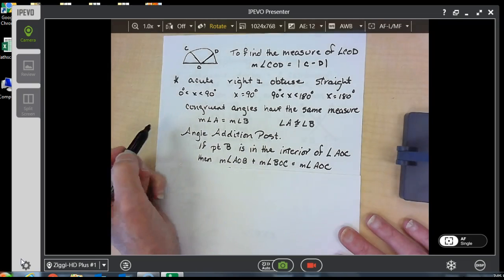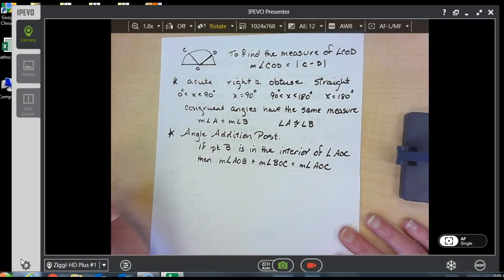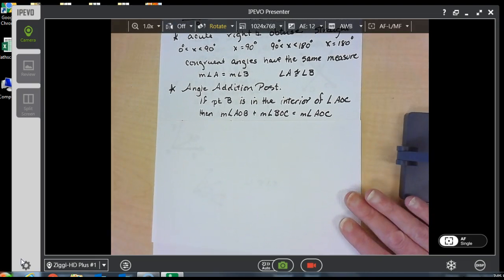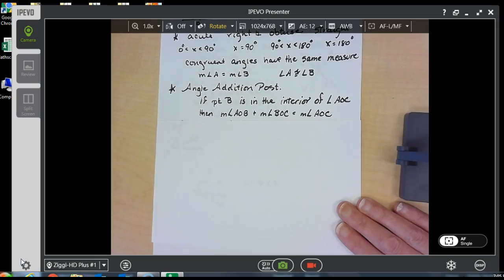So, angle addition postulate. Forgot to star that. Make sure this is in your notes. Angle addition postulate: if point B is in the interior of angle AOC, then measure of angle AOB plus measure of angle BOC is equal to the measure of angle AOC.